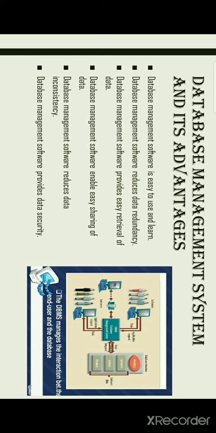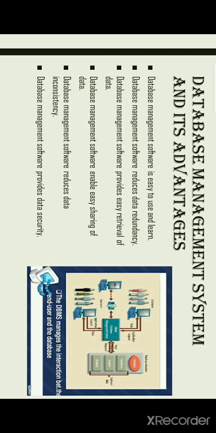The DBMS or database management system helps in quick retrieval of processed information from large complicated databases. And here are some advantages of database management system. That is, the DBMS software is easy to learn and use.